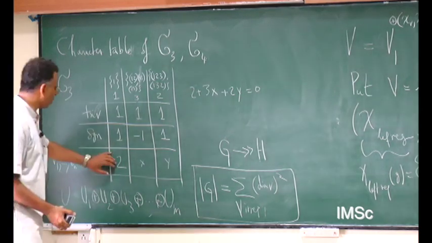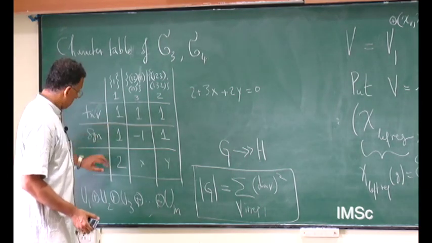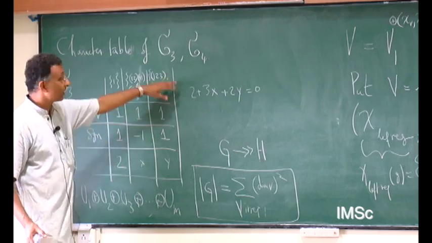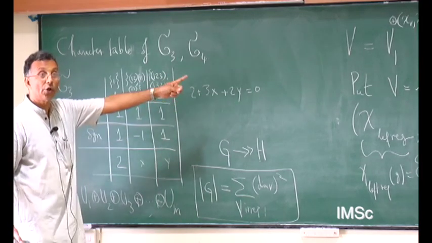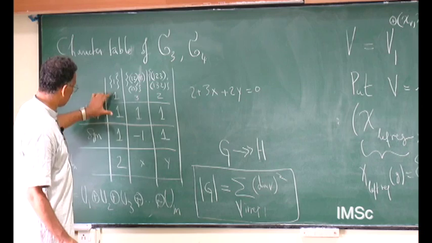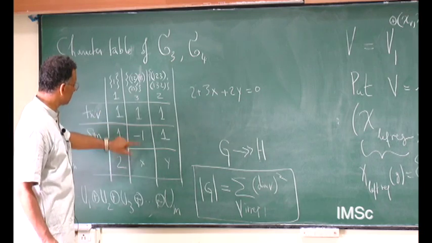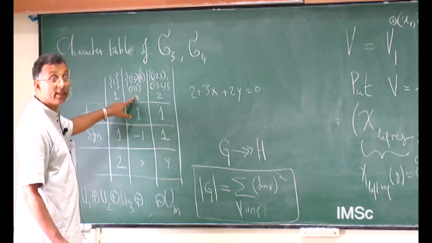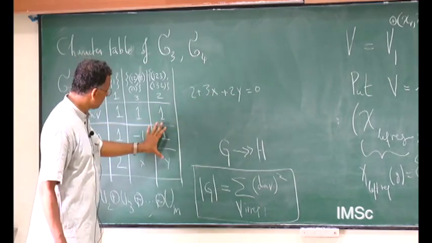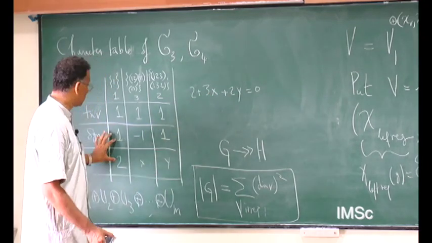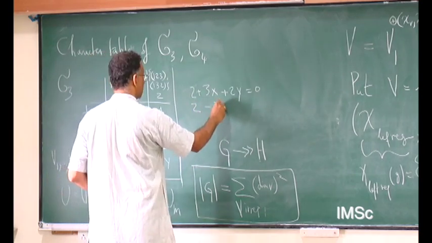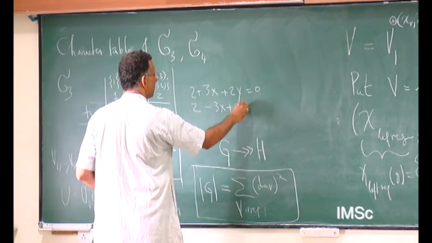I am taking the inner product of this character with this character. I can forget the 1 over 6 because it's a 0 on the other side, right? So here there is only one element, so it's 2 times 1. Here it is x times 1, but there are three elements, so it comes 3 times, 1 for each element. Here it is 2, right? Okay, so with this it is 2 minus 3x plus 2y.